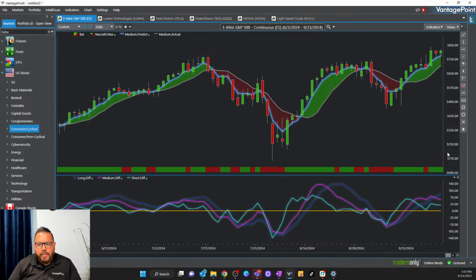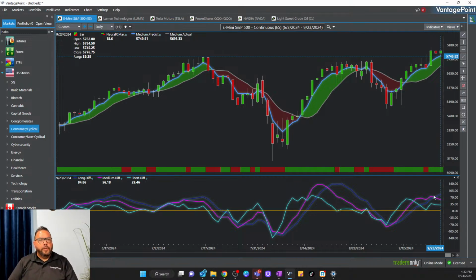Now what we've done is we've layered on these predictive indicators generated from the AI to give us confidence around what's expected to happen. If we look on the right-hand side of the chart, we can see the blue line is above, the neural index is green, and the momentum indicators, 2 of the 3, are pointed up.